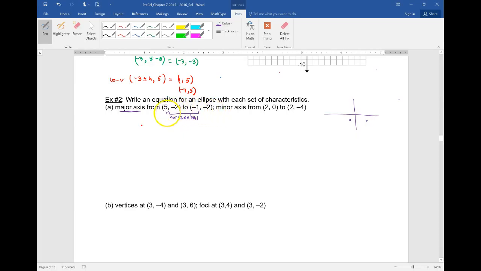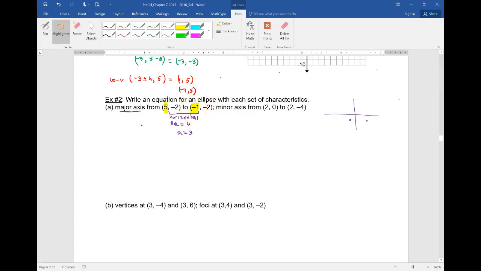If you're going from x equals 5 to x equals negative 1, how many spaces? 6, right? So 2A is equal to 6. Okay? That means A is equal to 3.